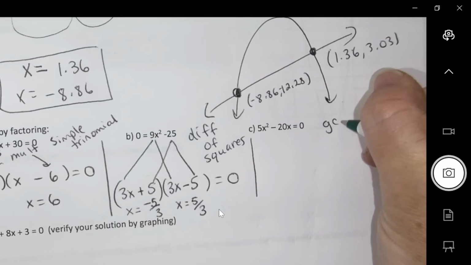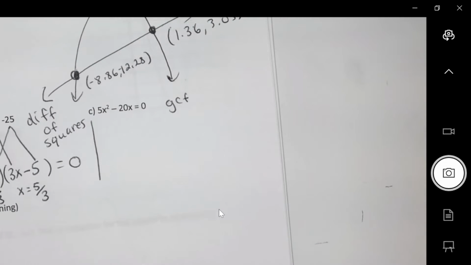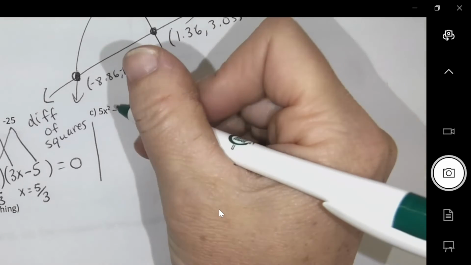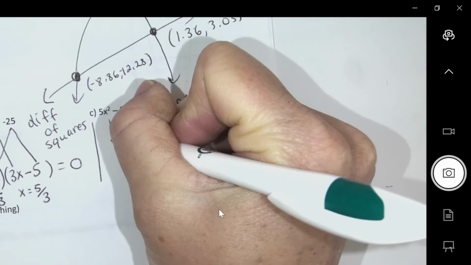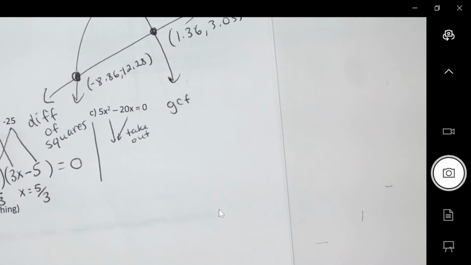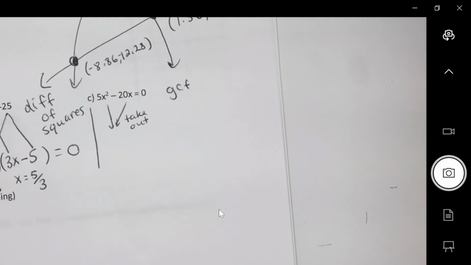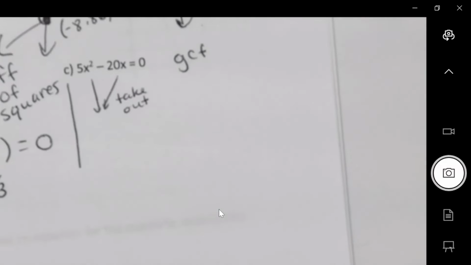Okay, C is this style called GCF. So my question is, what can I take out? Both of them could be divided by what?